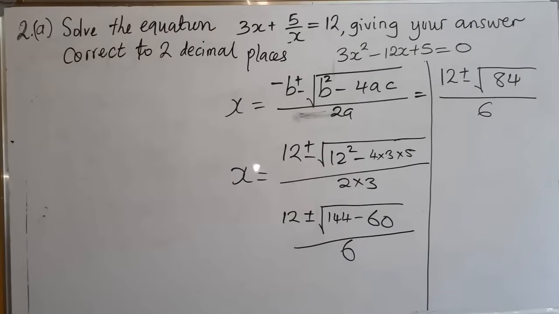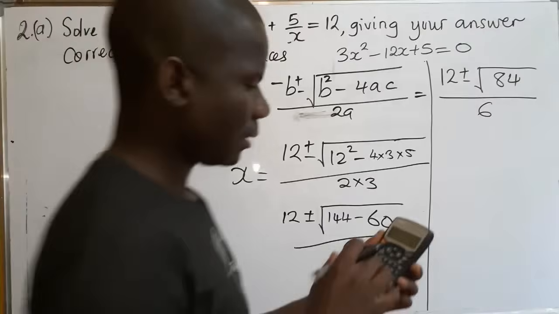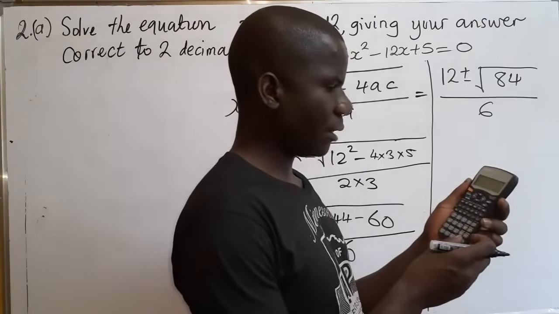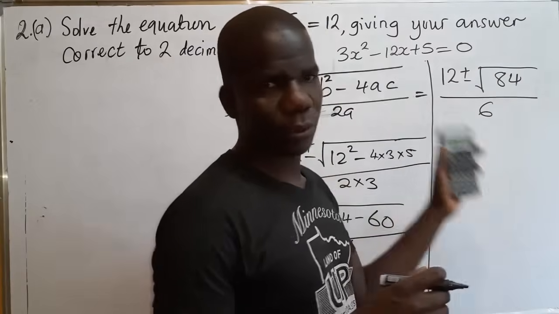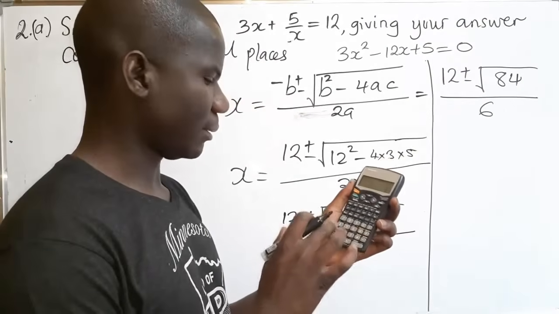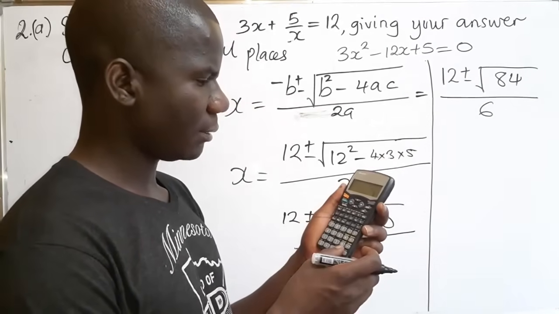Okay, just punch on your calculator 12 plus the square root of 84 equals. On that answer that you get, you divide it by 6.